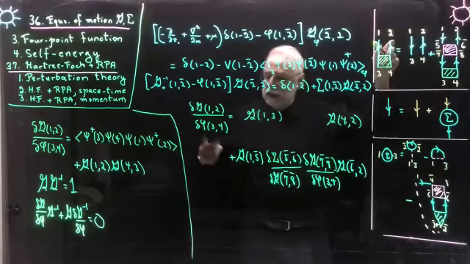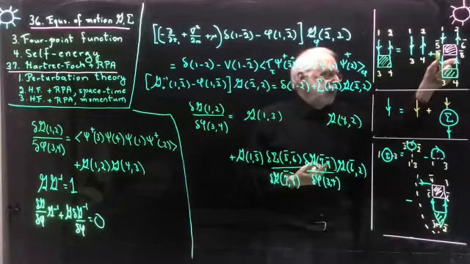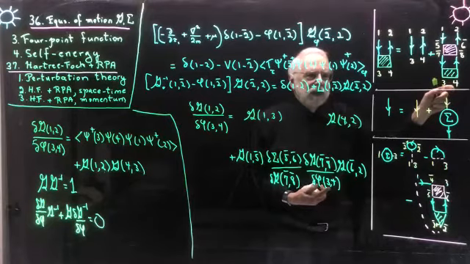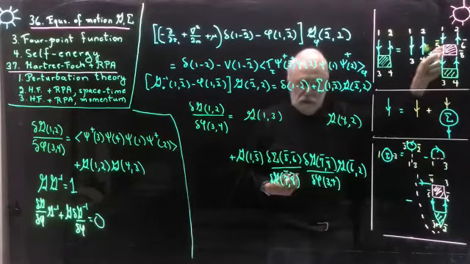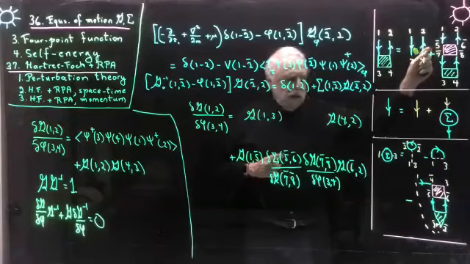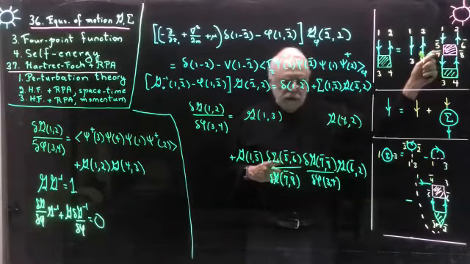Just like here, I have 1, 2, 3, 4. Now I have 7 bar, 8 bar, 3, 4. And this red block, 5 bar, 6 bar, 7 bar, 8 bar, is the functional derivative of sigma with respect to G.